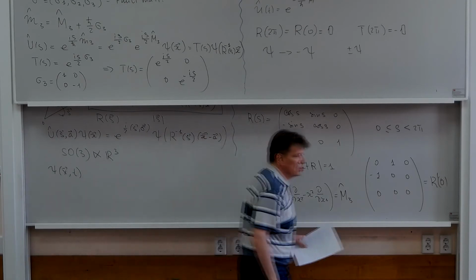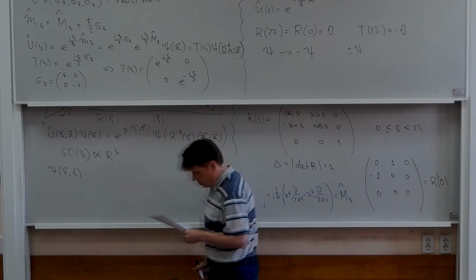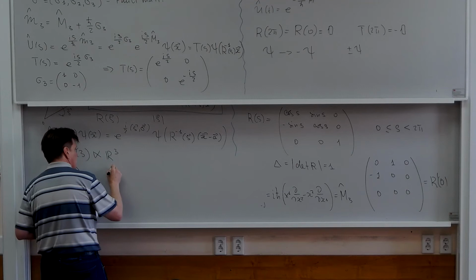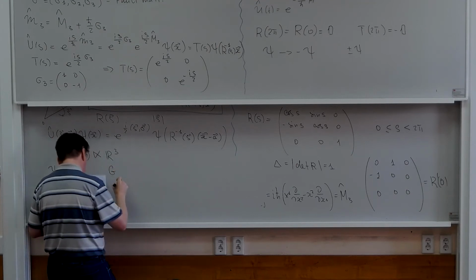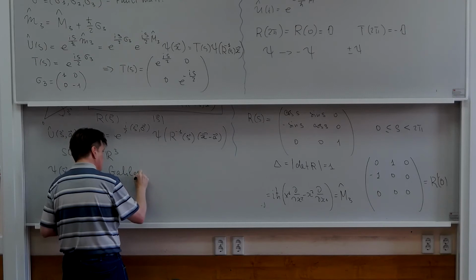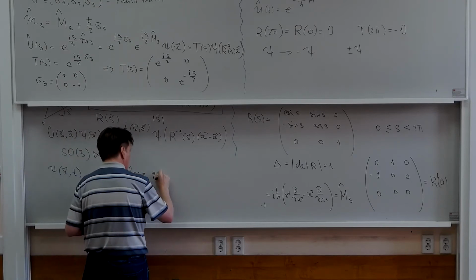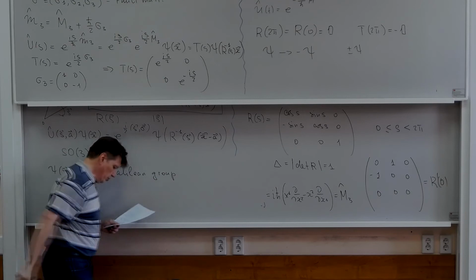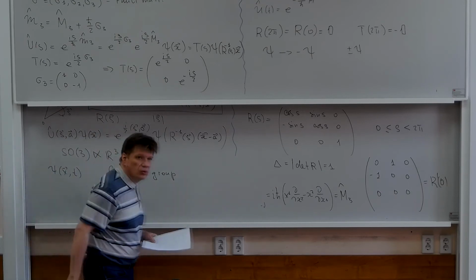This group is known as the Galilean group of symmetries of non-relativistic space-time.